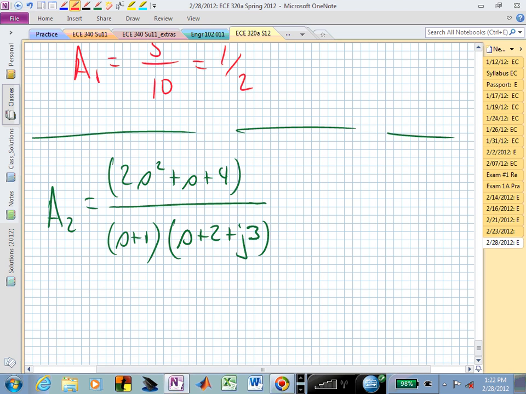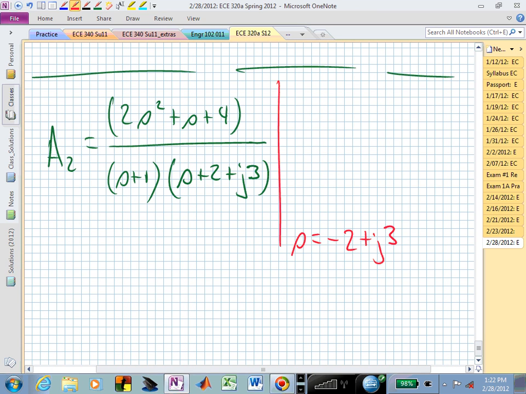And where do I evaluate this? At the pole location that I'm interested in, and that's why we said it was important to know which one went where. That was the pole at minus 2 plus j3. And now we simply plug in s as that complex number.